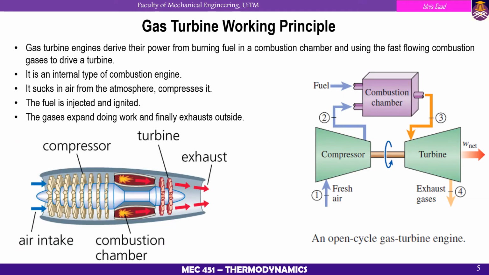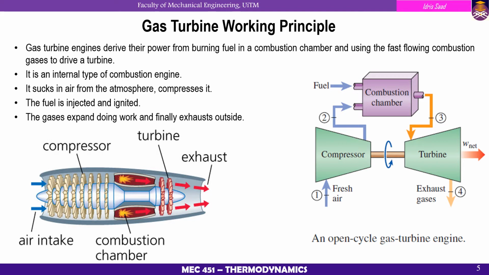Okay, now let us study the working principle of the gas turbine engine in detail. The gas turbine engine derives its power from burning fuel in the combustion chamber and uses the fast-flowing combustion gases to drive a turbine.